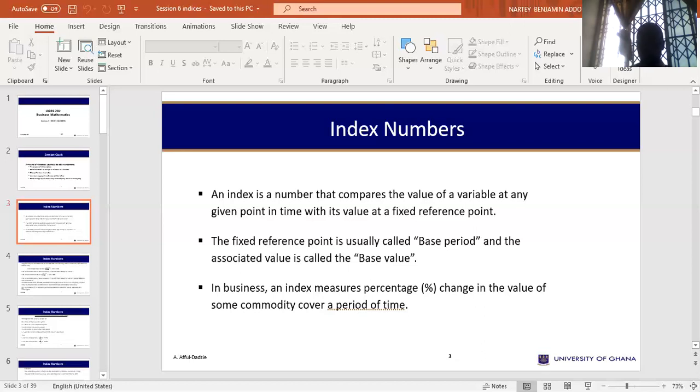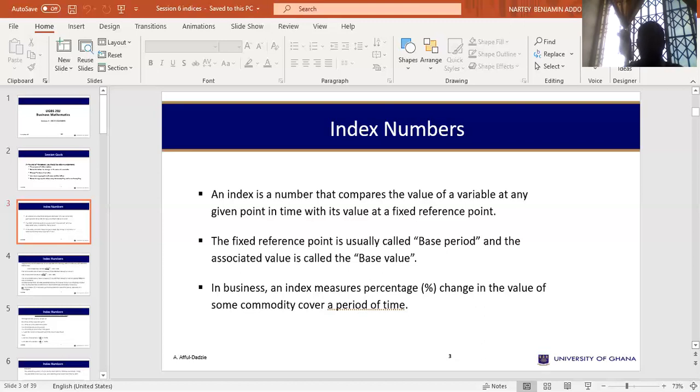The change is the salary in the current year, 1,500, less the salary in the previous year, 1,000 cedis, all over the salary of the previous year, multiplied by 100, and then you get a percentage.